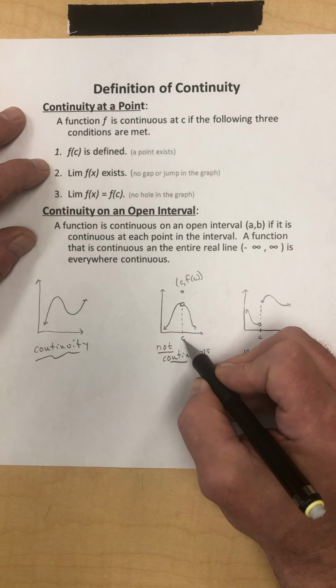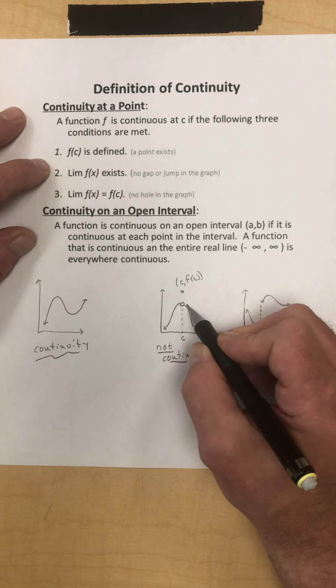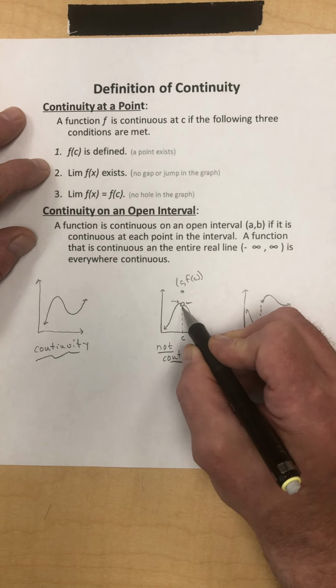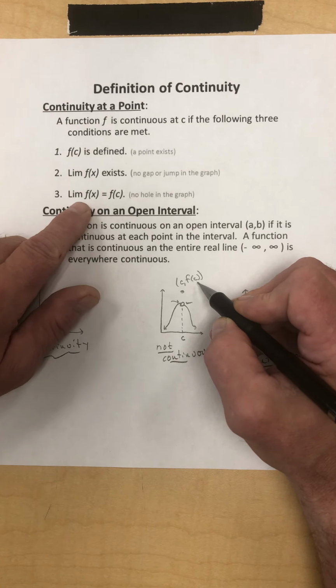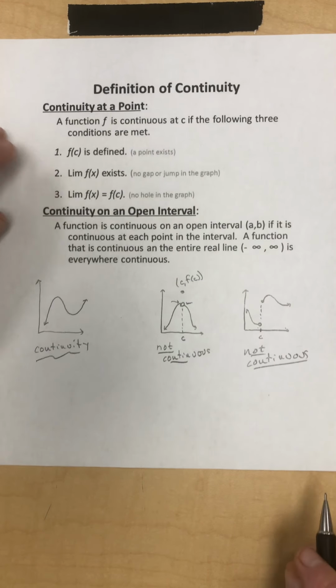But notice that f of c is different than the limit. If I took the limit of this function, it's going to give me the y value coming from the right or the left at this point, but the y value is up here. So this third criterion wouldn't work out there.